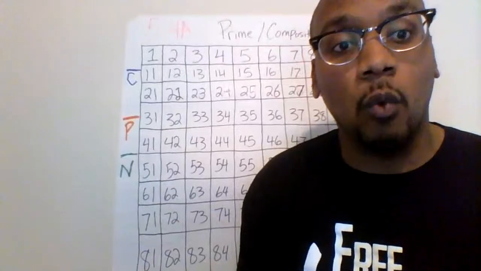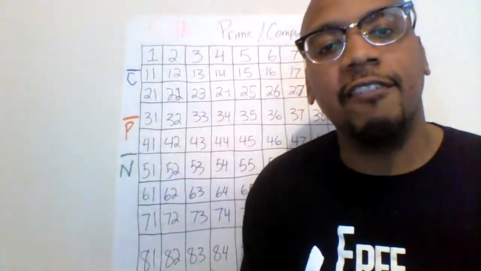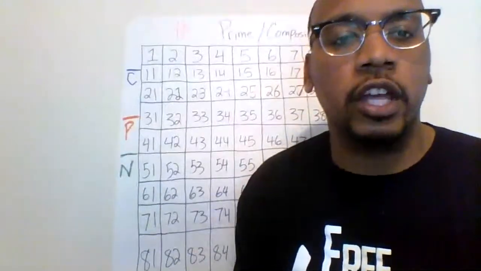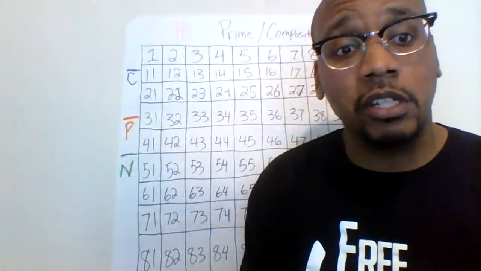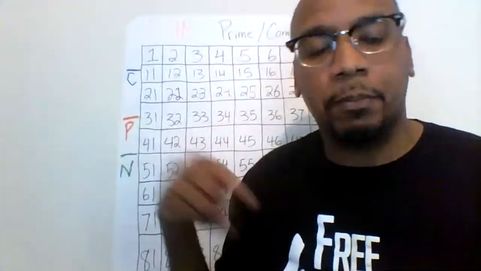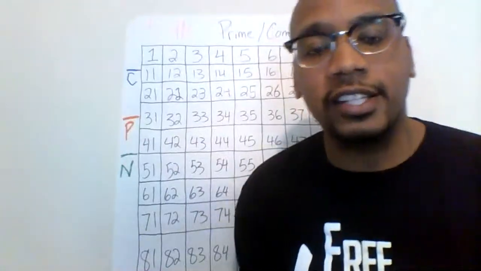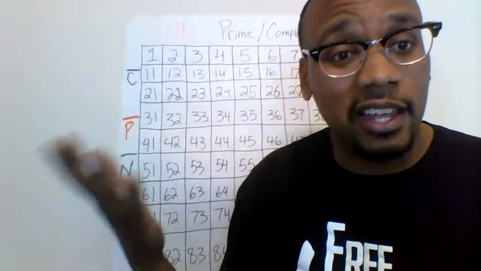Prime numbers have 1 times the number. Again, my example was 7. 7 is prime because you can only multiply 1 times 7. Now, composite numbers have 1 times the number, and they have another way to multiply to get that number. For example, composite numbers would be like the number 10.